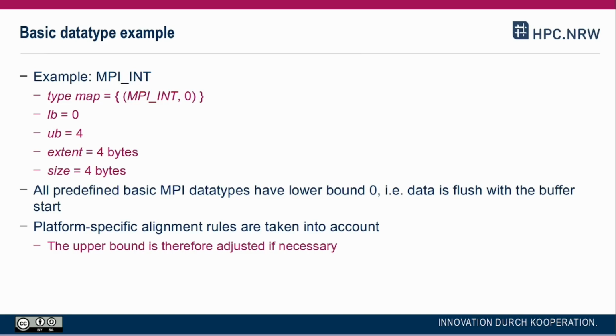If you, for example, have an integer buffer and you want to send every second element, what you want is your data type to have an int, a gap, an int, a gap. But the generation routines will cut off any gap at the end.